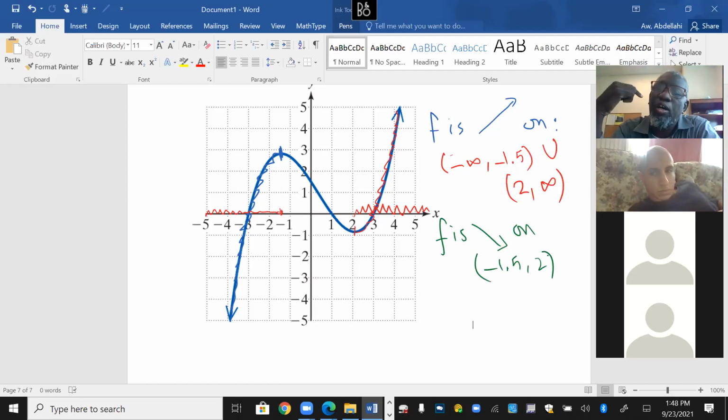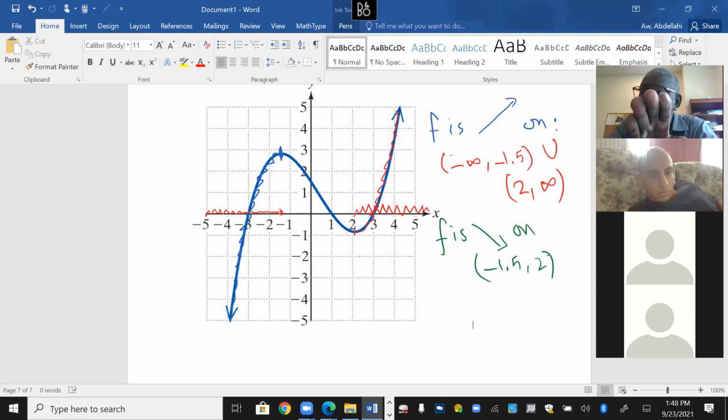Now, obviously, do we even have to explain where the graph is going up? I don't think so. Everybody sees where the graph is going up, right? Everybody sees where the graph is going down. That is not what you have to explain. We have to explain how to write your answer, right? Your answer should be an x interval, right? Everybody sees clearly my graph is going up from here to here.